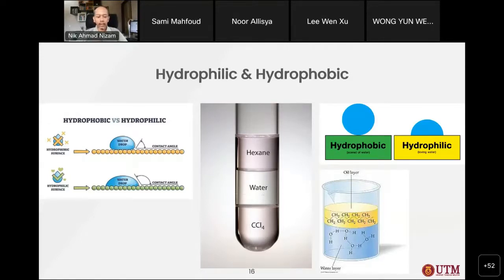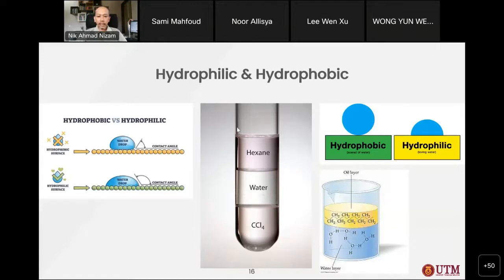Hydrocarbon contains CH and is non-polar. So we coat the surface of the stainless steel with it, and it becomes hydrophobic, and then there is no interaction between water and the stainless steel surface. So this is one of the applications of hydrophobicity and hydrophilicity.